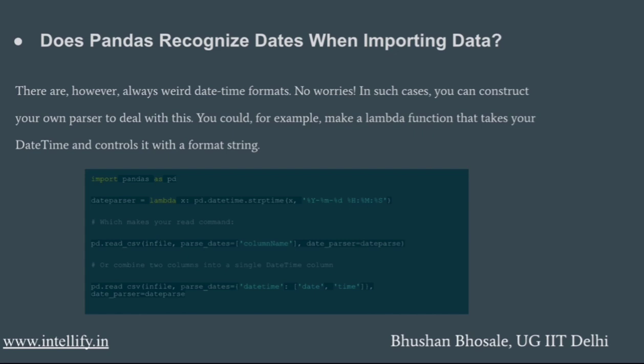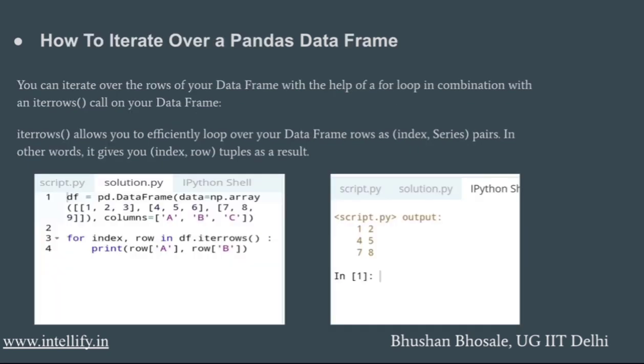Okay, now let us see how to iterate over a pandas data frame. You can iterate over the rows of your data frame with the help of a for loop in combination with an iterrows call on your data frame.